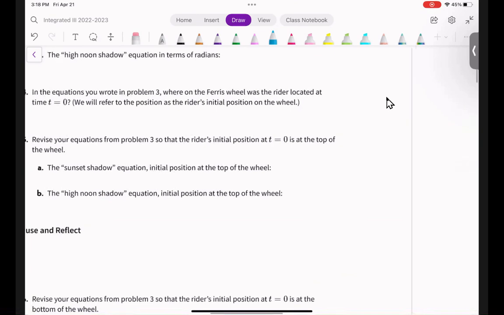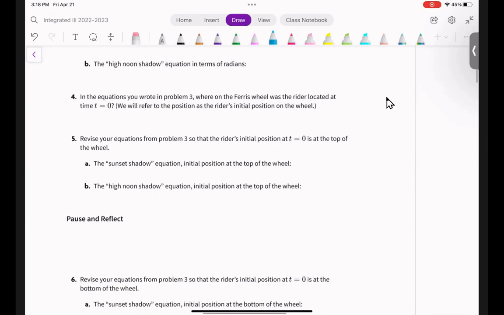But now we know he was at 0 degrees or 0 radians. So now we're just going to call this 0. A was the rightmost point. That's our starting point, right?